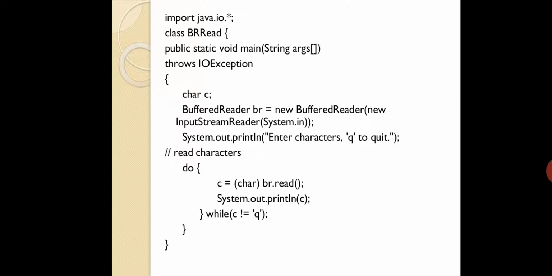In the previous video I already explained how to use it. You take the InputStreamReader and pass the parameter System.in, so that whatever the user gives using the keyboard is fetched via the stream and stored in the buffer. That is the meaning.